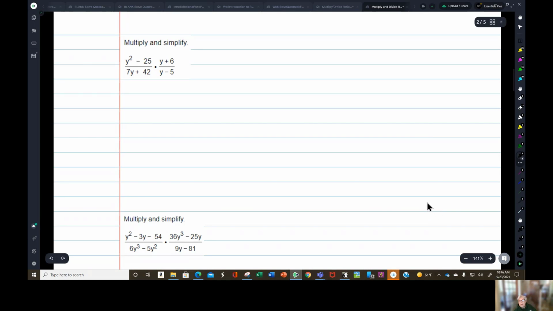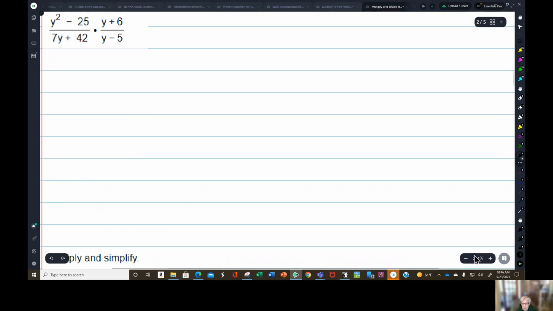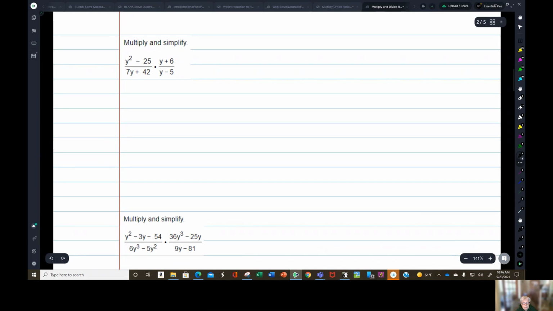Okay, one of your goals in life should be to recognize these different factoring methods quickly. For instance, y squared minus 25, I know is y squared minus 5 squared.